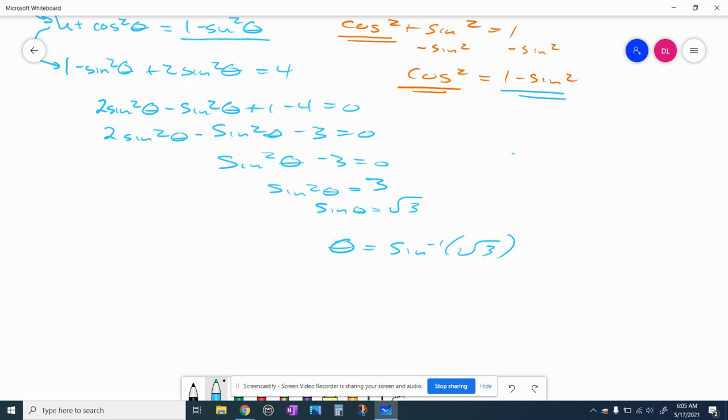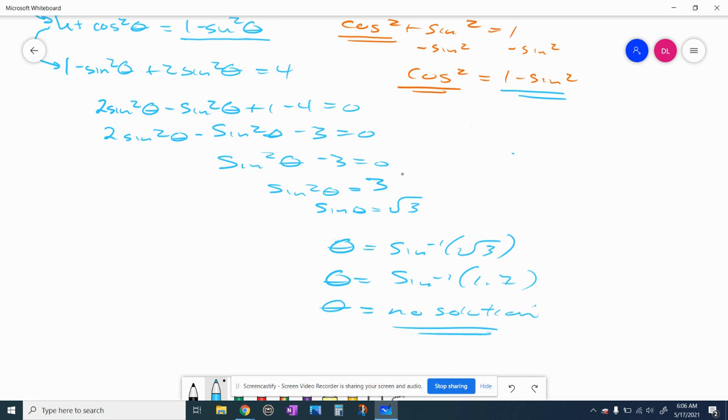Oh boy, I can't use this calculator. There it is. We get theta equals the sine of negative 1/2 of 1.7. You're going to find out that this gives you an error in the calculator, and so this one has no solution.